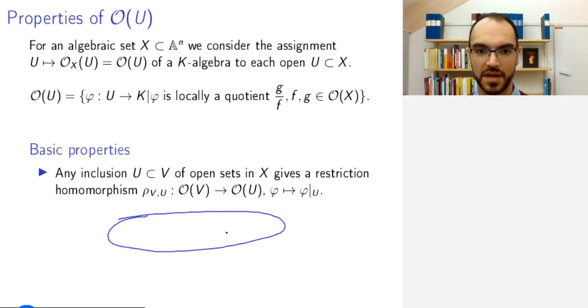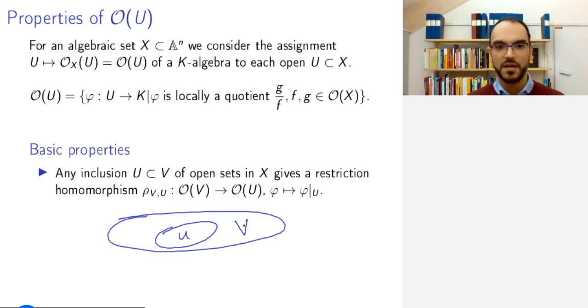Well, if you have an open set U contained in an open set V, then if a function is an element of O of V, so it's a regular function on V that around each point can be written as a quotient, well then, of course, this will be possible to do on U because U is a subset of V. So a fortiori, we get a regular function on U.